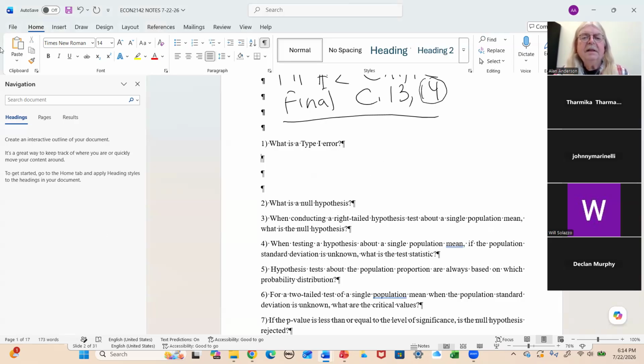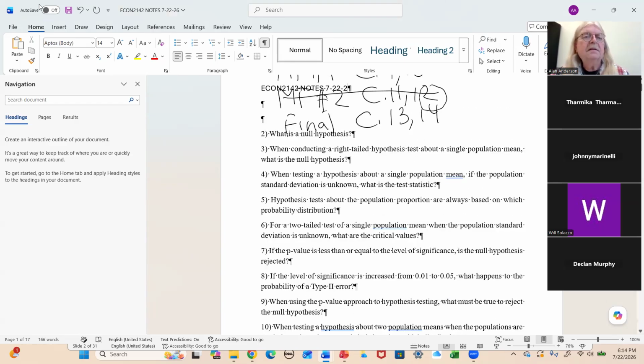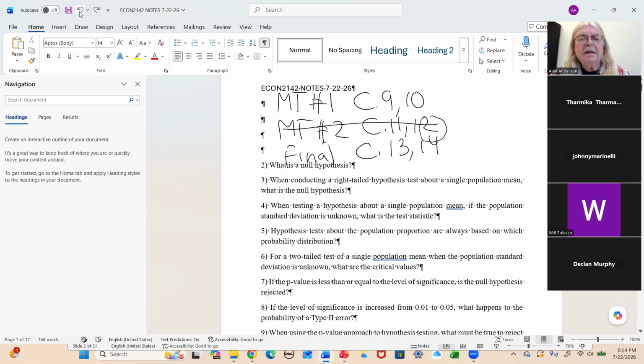All right. Anyway, type 1 error. This refers to the probability, or actually, the probability that alpha is the type 1 error probability.